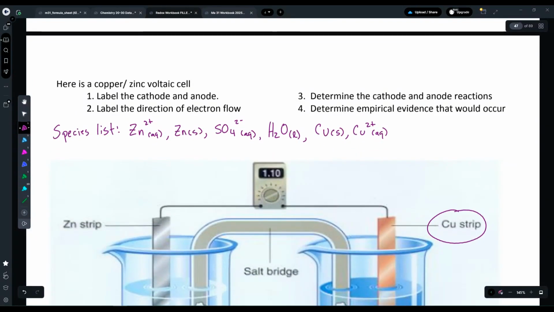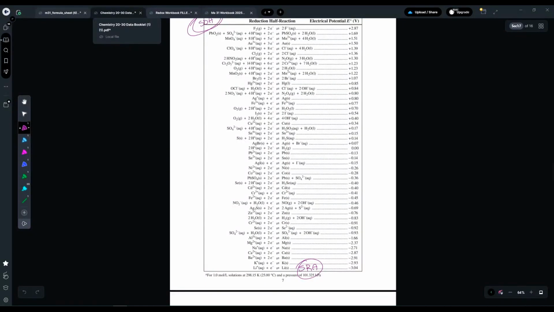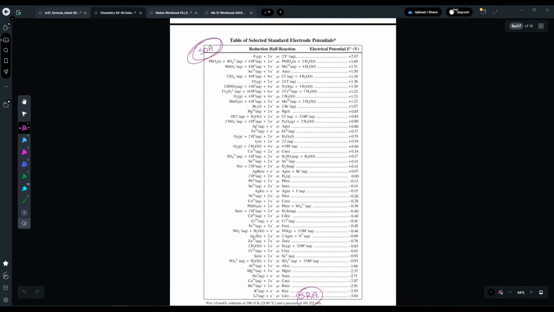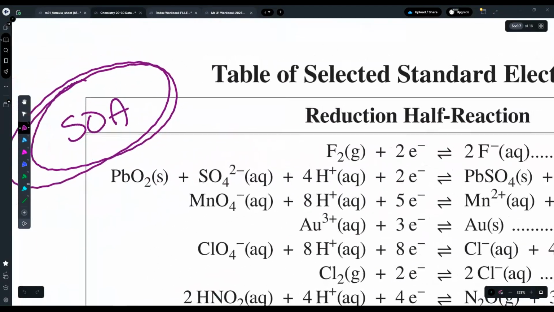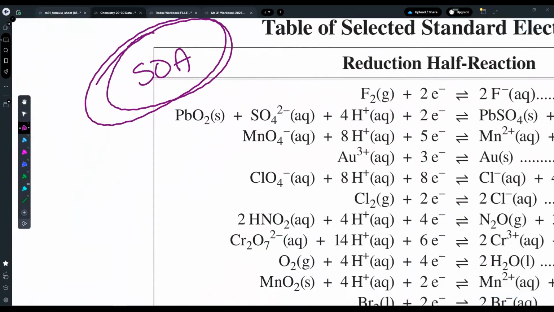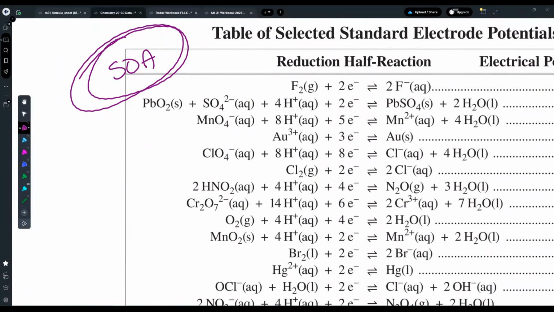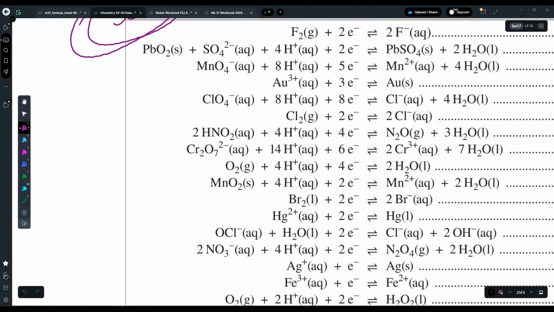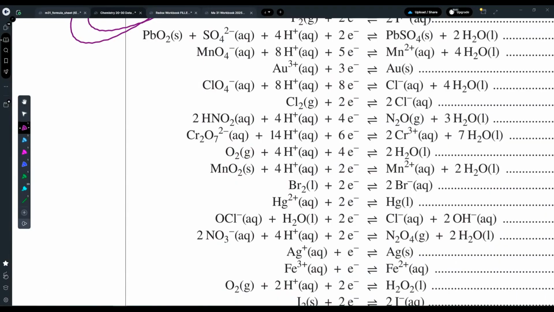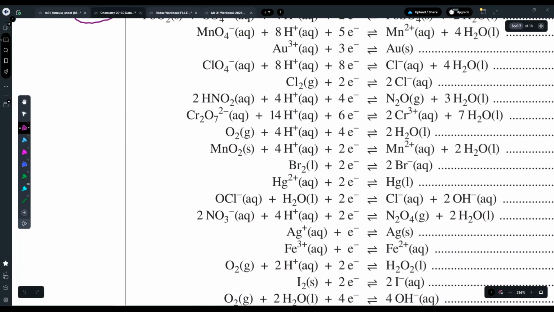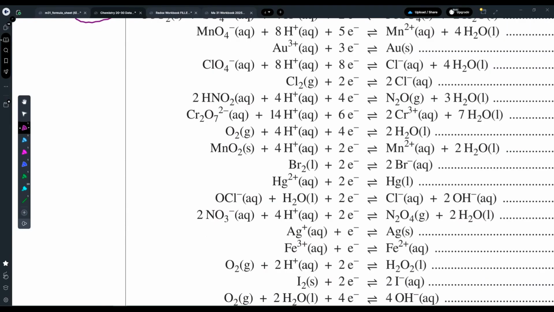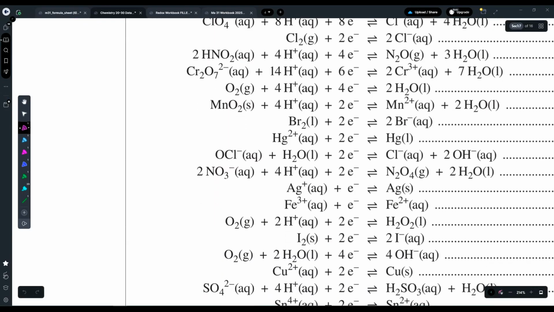Now that we have our species list, we can go to page 7 of our data booklet and figure out where everything is. I'm going through the left-hand side to figure out what my SOA is, looking through all the chemical species to see what I have.